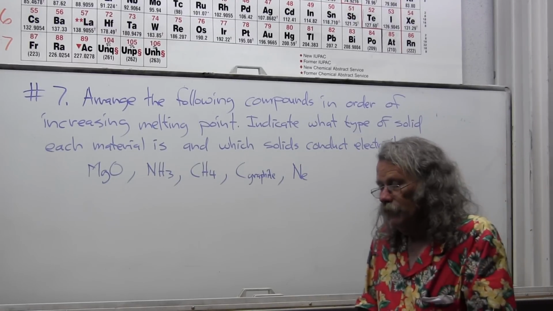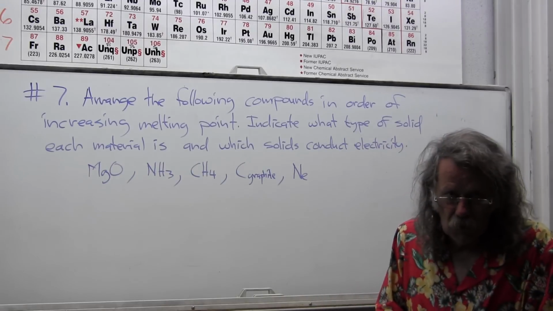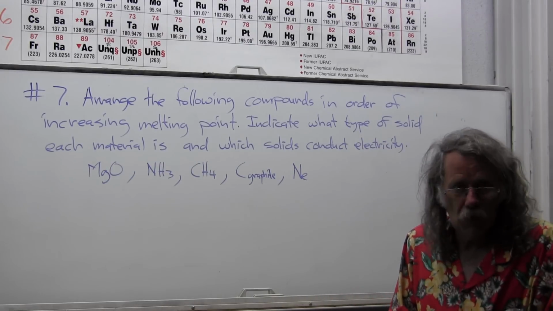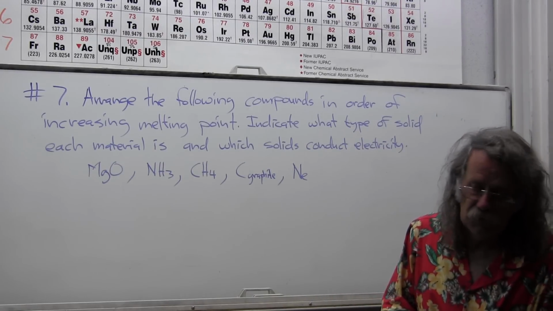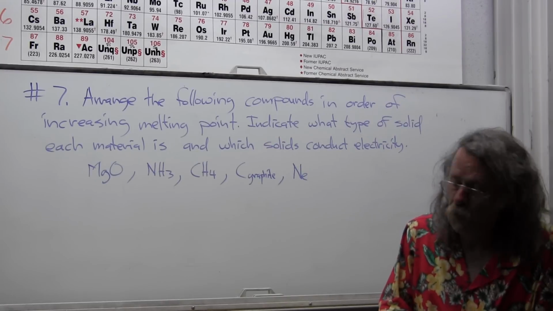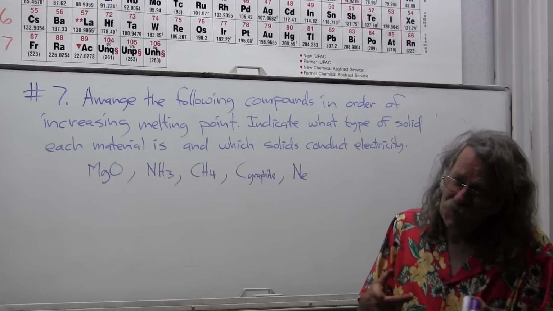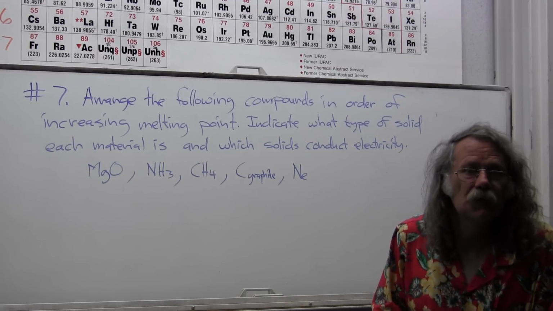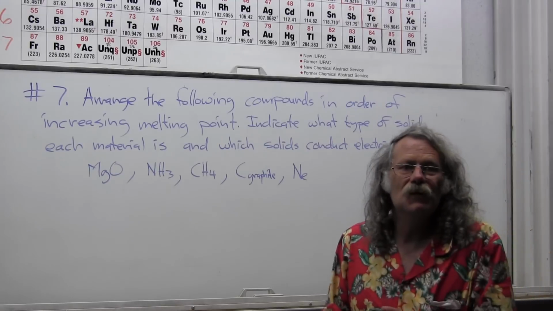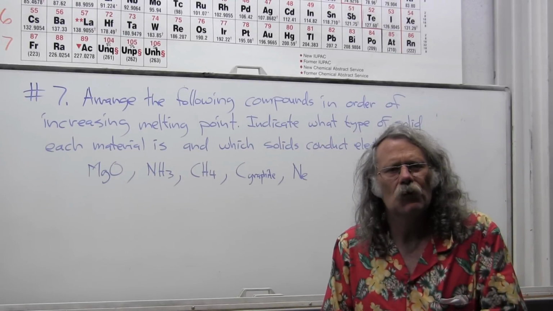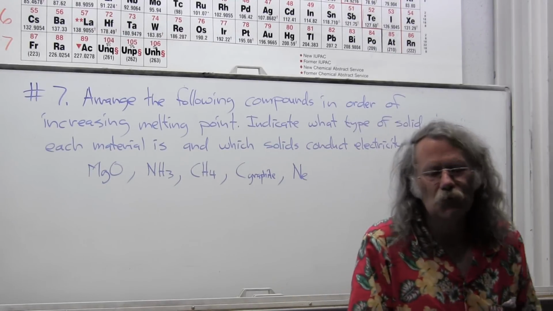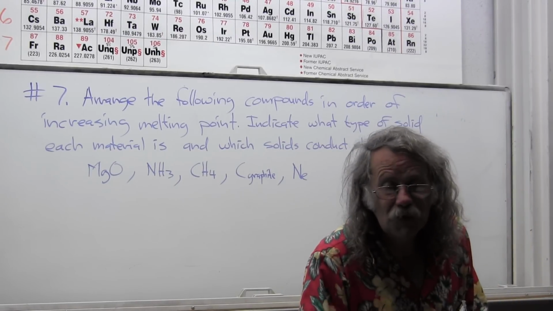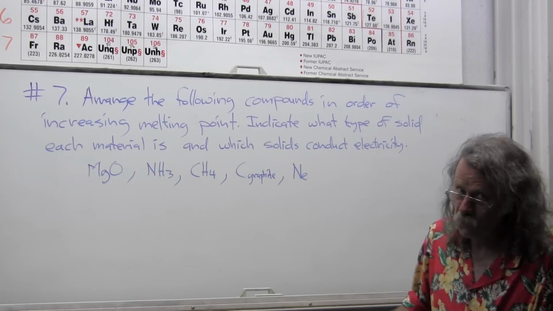Molecular solids do not conduct electricity. There are covalent network solids that do, and there are many that don't. Most of them don't, but one that does is graphite. You're going to know this only because I told you, but it might end up on the test.